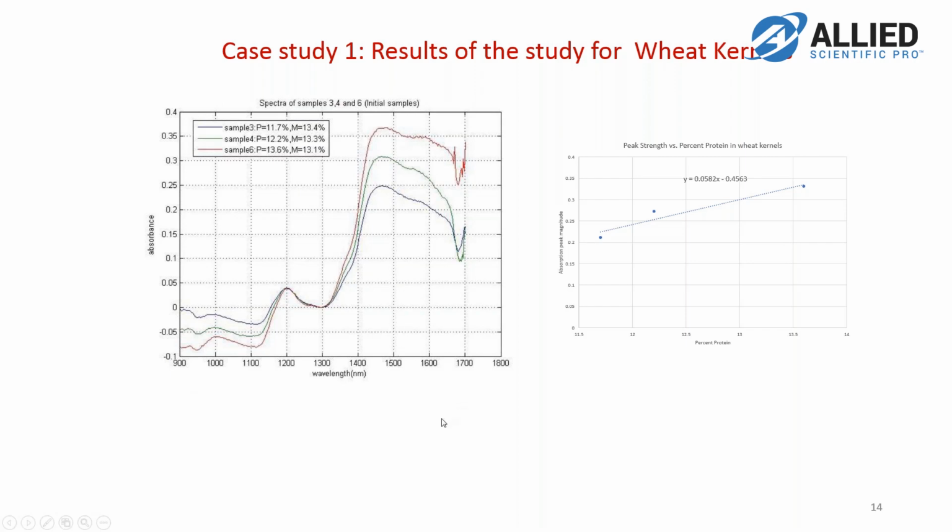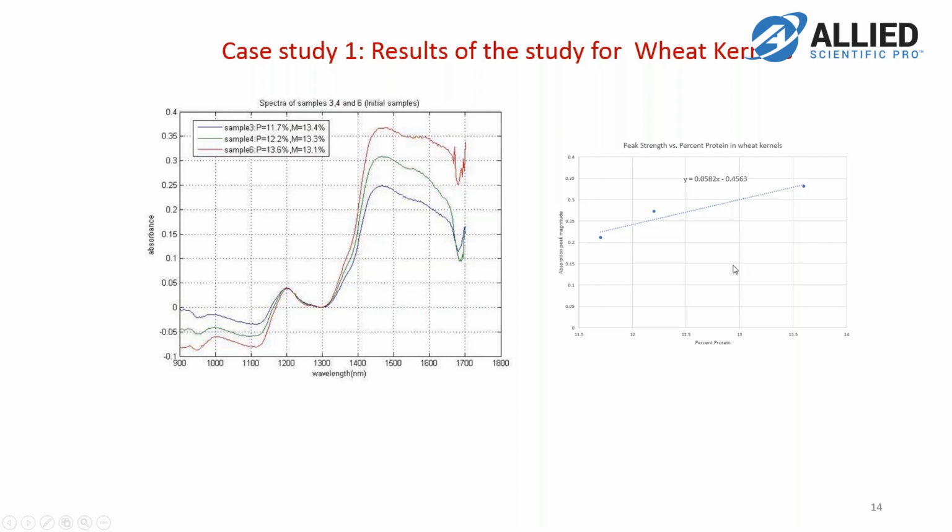One can calculate, with respect to a constant absorption peak, which is here at 1200, what is the difference between each peak and this peak. And I plotted it on the right plot here: absorption peak magnitude versus the percent protein that has already been calibrated. I came up with this linear regression line with a formula.